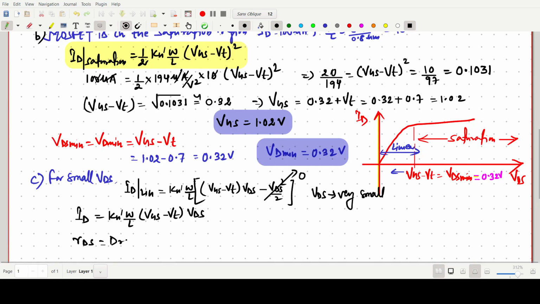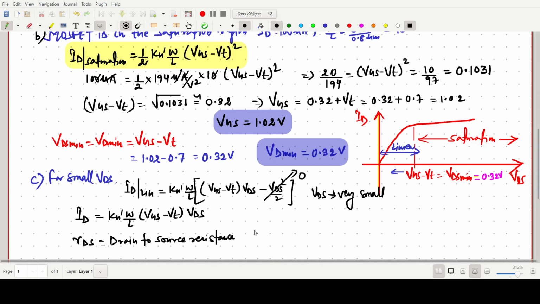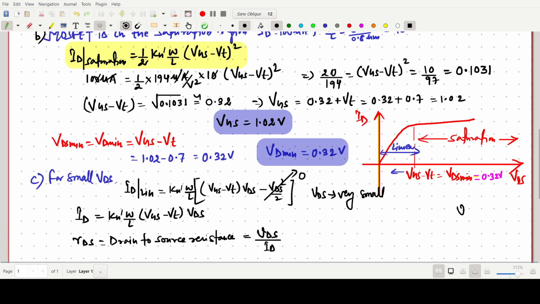That RDS value can be written as RDS equals VDS by ID, because V equals IR, so R equals V by I. You can remember: VDS by ID.